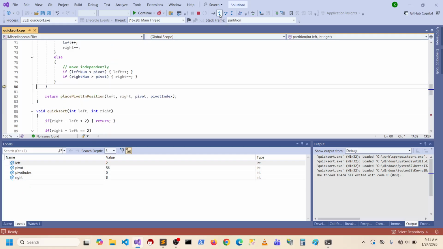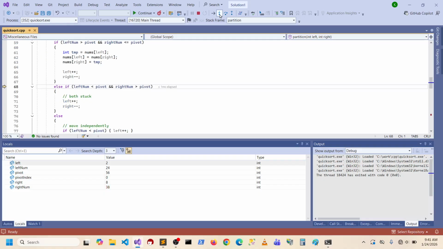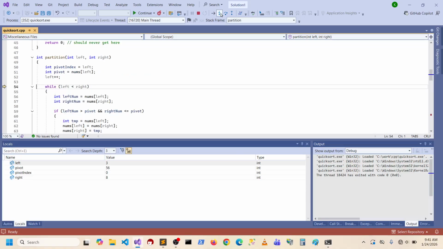All right, so there they go. 38 and 24. 38 needs to swap. But left doesn't, so they move independently because we need the left pointer to fall upon a number that needs to be swapped. Okie dokies.